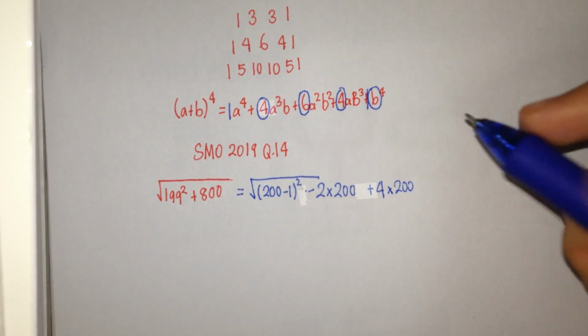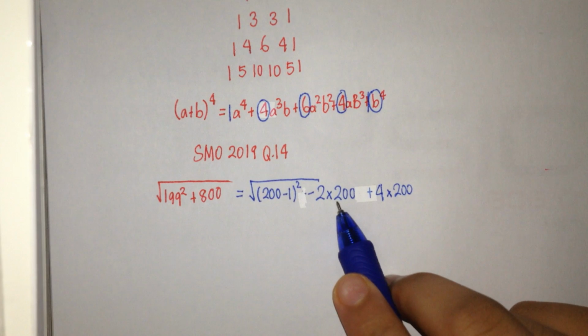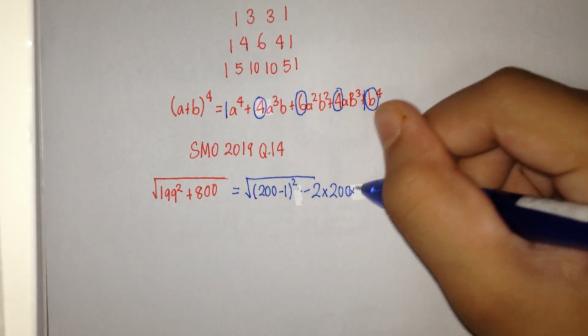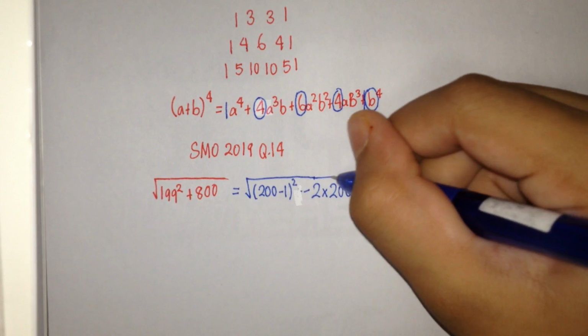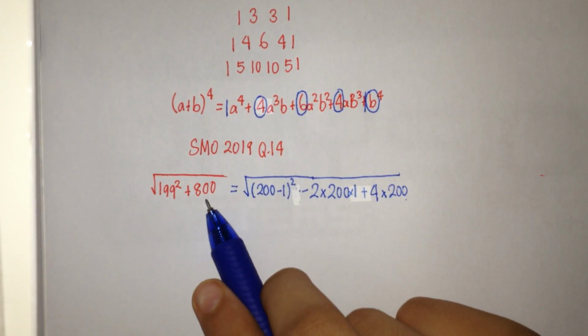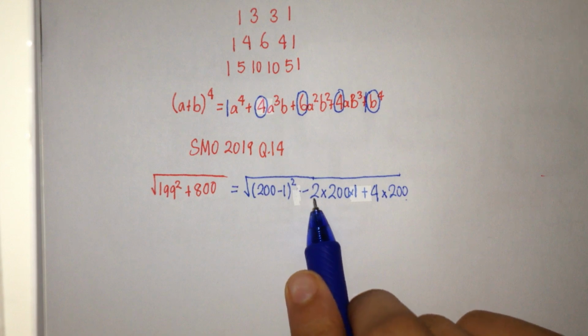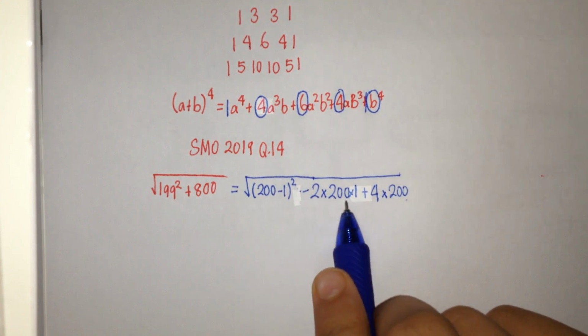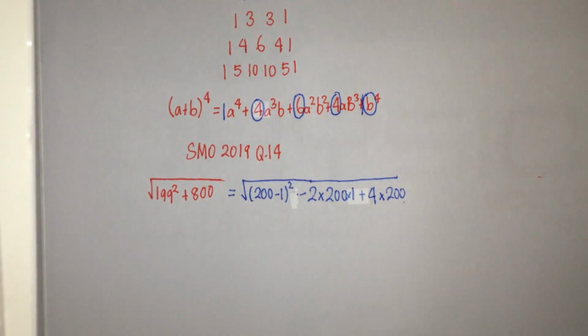Now, this is actually 2a times 1, which is b. So, 4 times 200 will make up 800.